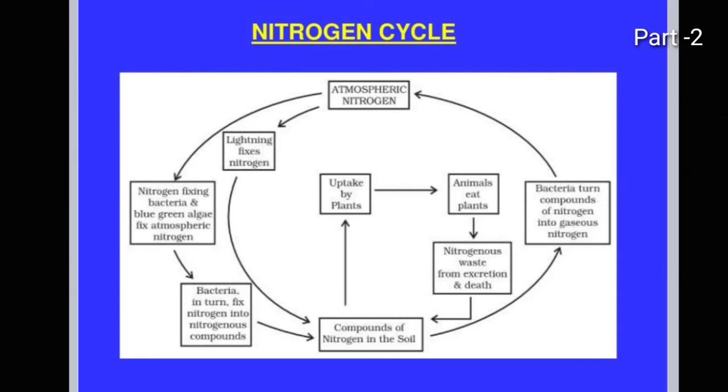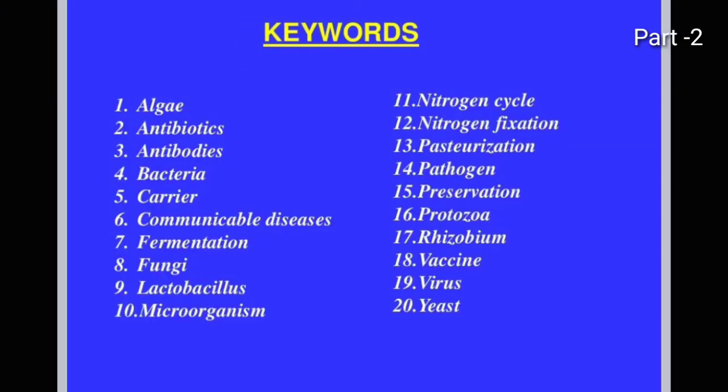So what important things have we discussed in this chapter? Some of the important keywords are there. First we talked about algae, what algae are. Then we talked about antibiotics and antibodies. Antibiotics were given to prevent any disease.